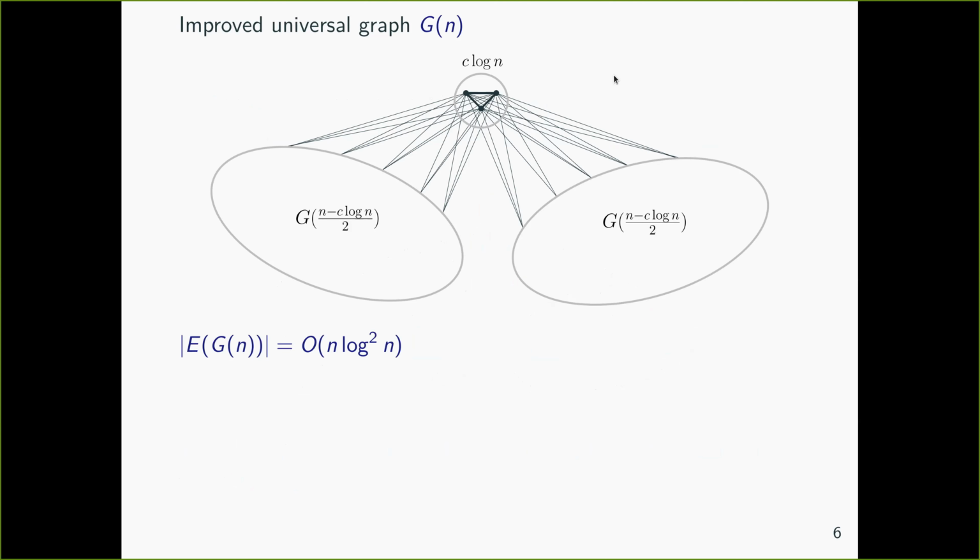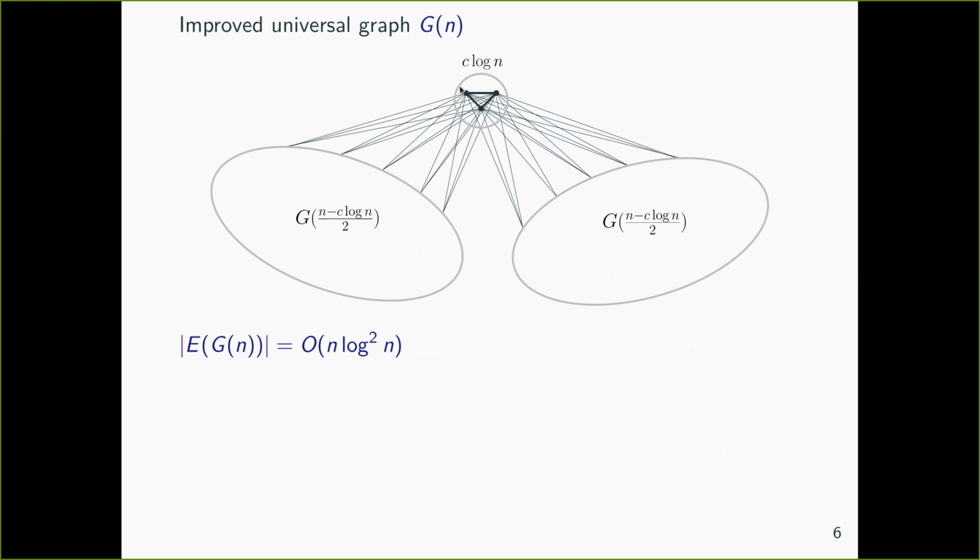So what's the updated construction for trees? Well, we are ripping off this perfectly balanced separator on log n vertices. We make it a clique, a complete graph, and we make it universal to the rest of the construction. So we link all these vertices to everything else. And then we recurse on each side. But now on each side, we know exactly how many vertices we are going to have.